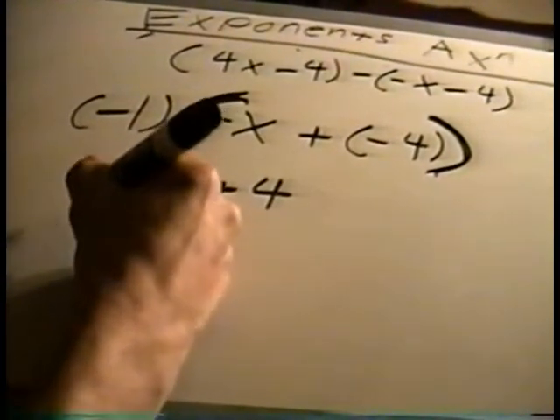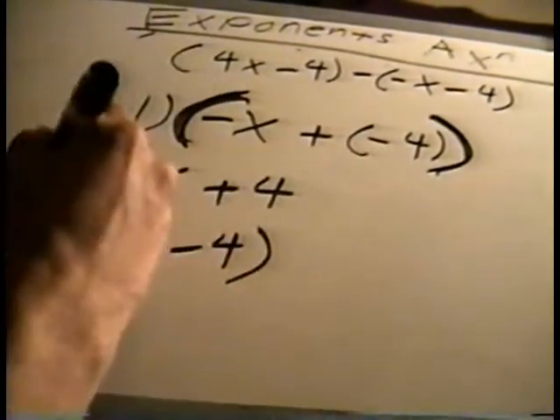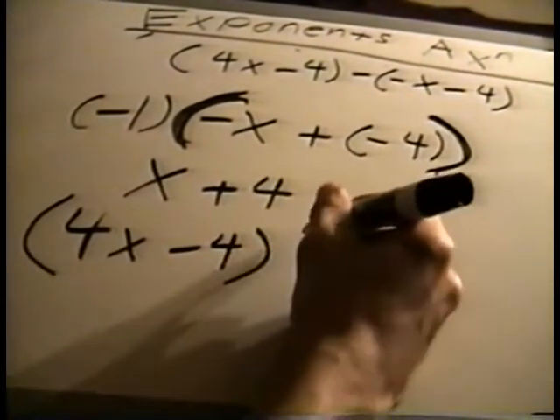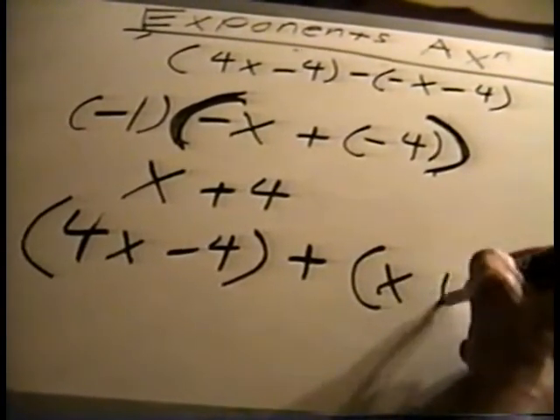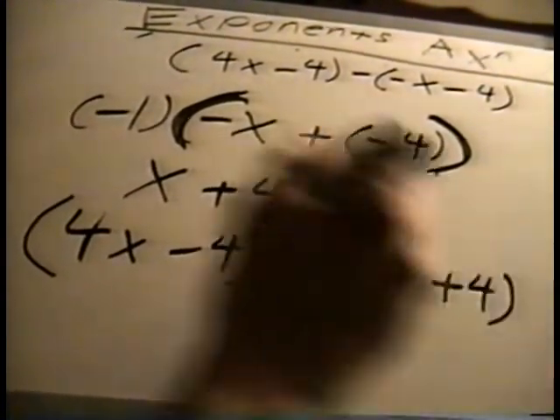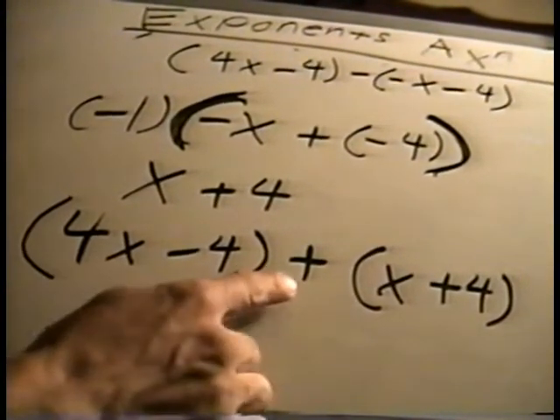When you see a negative outside of a group of numbers in an addition, what happens is we're going to end up distributing a -1 into that.